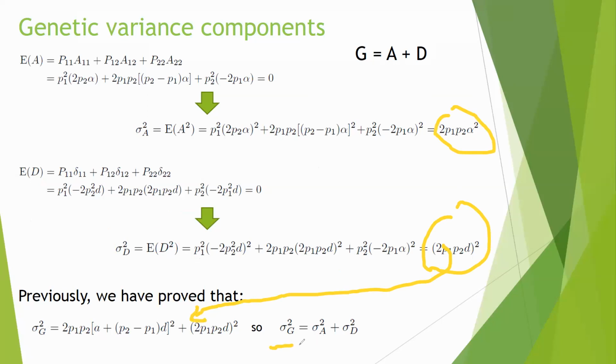Following this, you can prove that the total genotypic variation in the population at this locus is the sum of the variance due to the additive parts, the breeding parts, and the variance due to the non-additive parts, the dominance deviation. So any questions here?